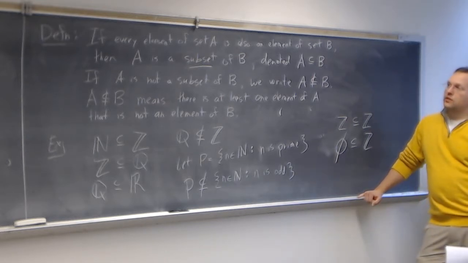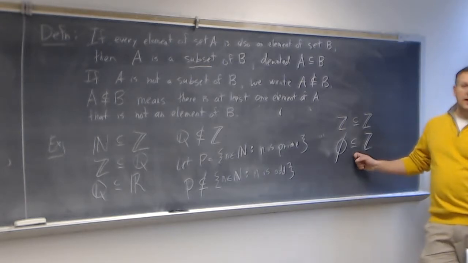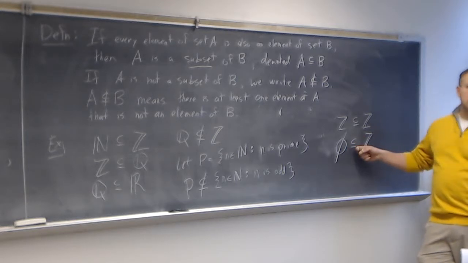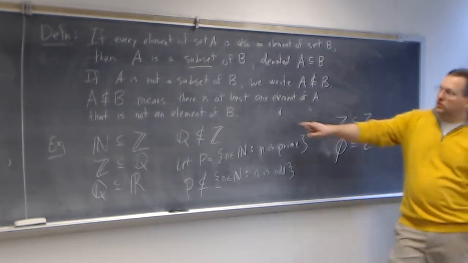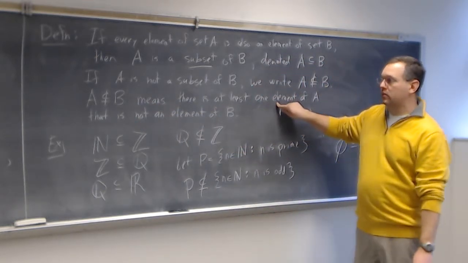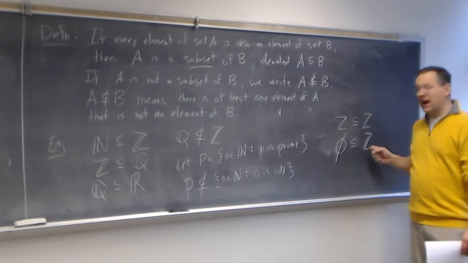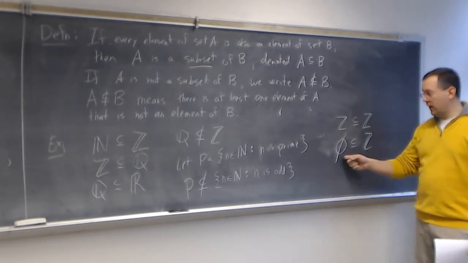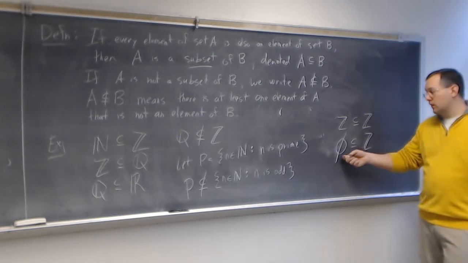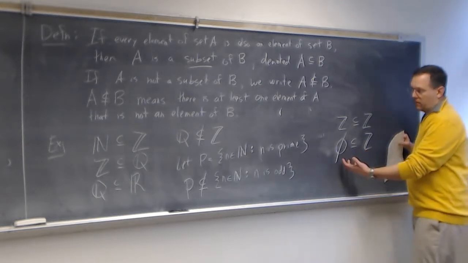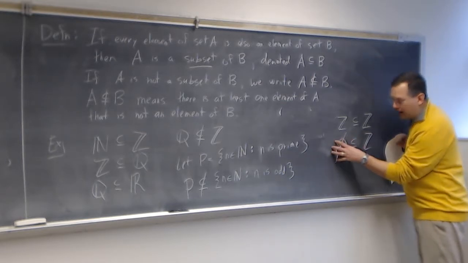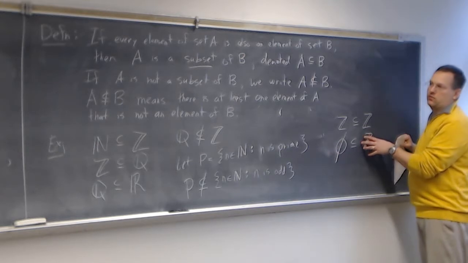So, what does it mean? If you say it's not true, what you would say is that the empty set is not a subset of the integers. What does it mean to not be a subset? That means that you have to find at least one element of this set that's not an integer. Can you find an element of the empty set that's not an integer? No, by default, this has to be a subset because there's no elements to mess it up. There's nothing in here, so you can't find an element in here that's not in there.